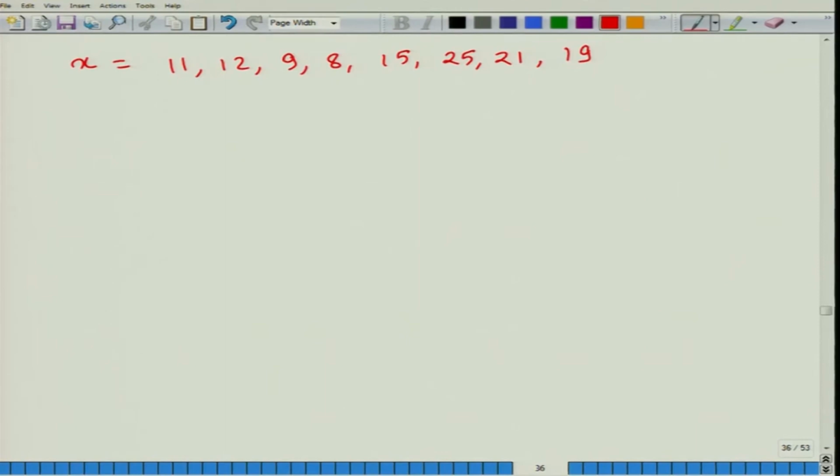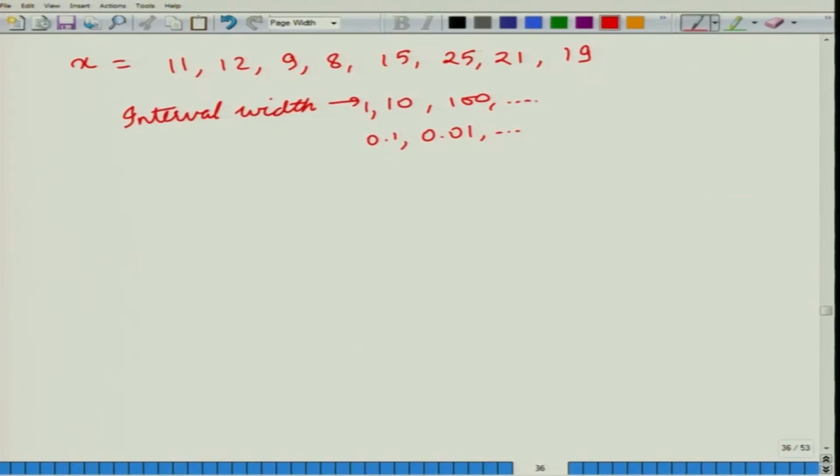Well, first of all, we need to define an interval width. Most commonly, we take an interval width that is a multiple of 10 or a fraction of 10. So, maybe we could take 10, 1, 10, 100 or so on, or we could even take 0.1, 0.01 or so on.